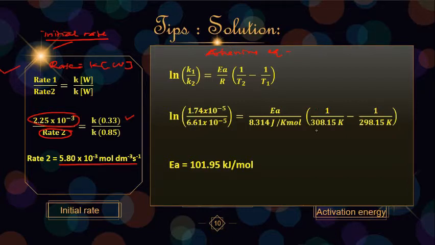You are also given the different temperatures. So you just use the formula ln K1 over K2 equals Ea over R times (1 over T2 minus 1 over T1). Then you get the input from the question, put it in here, and you can get the answer Ea, and don't forget the unit is kilojoule per mole.